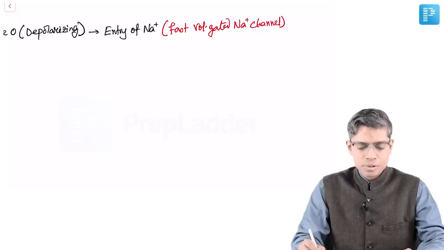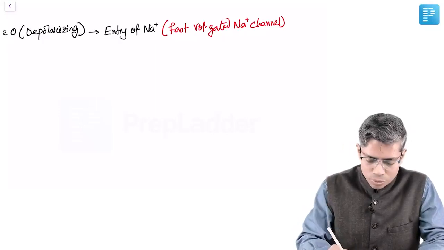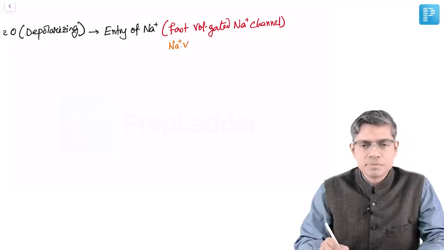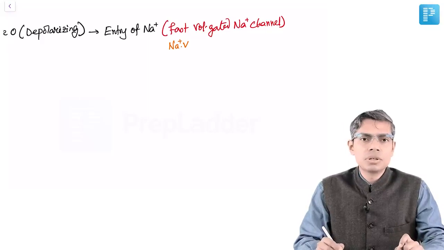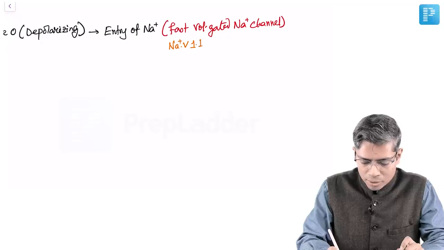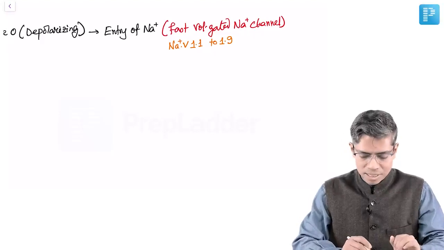In previous session during skeletal muscle discussion, I told you that this voltage gated sodium channel, in short it is written Na plus dot V or NaV, right? Voltage gated sodium channel. And I also told you that it has different sub variety starting from 1.1 up to 1.9, means total 9 different sub variety of voltage gated sodium channel are there.